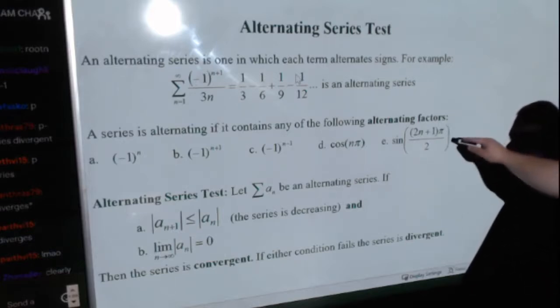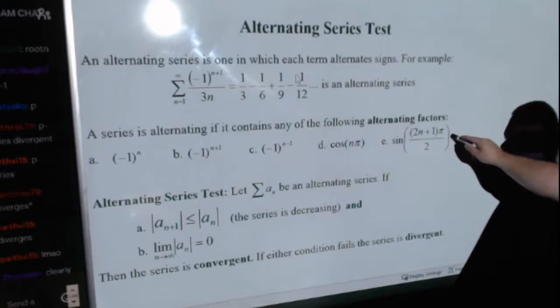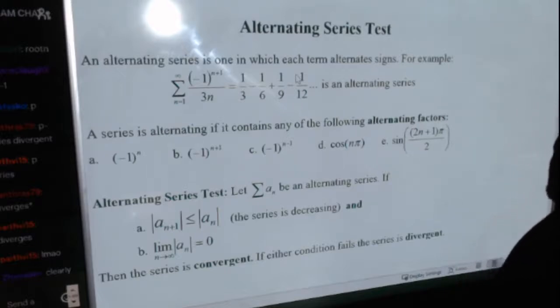We're given here a list of alternating terms. Let me look at this last one here, because I recall that it was wrong in my original packet, and I want to make sure that it's correct.